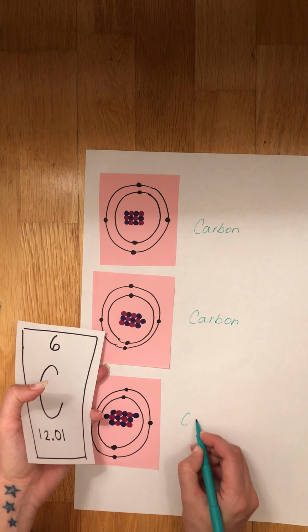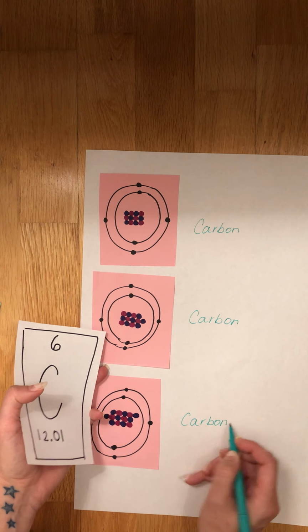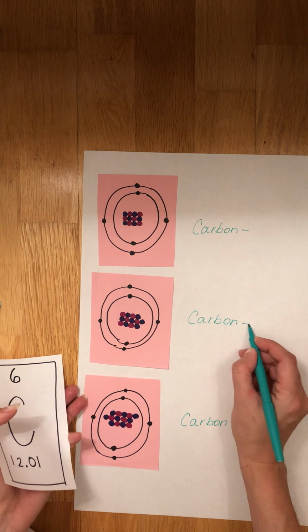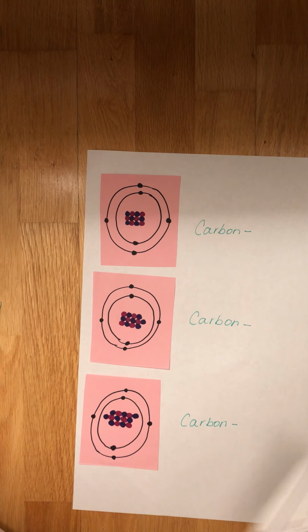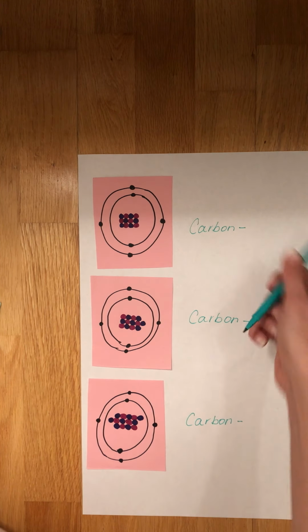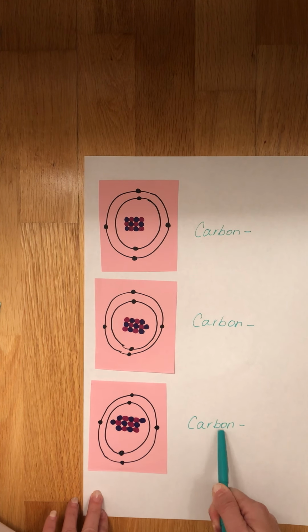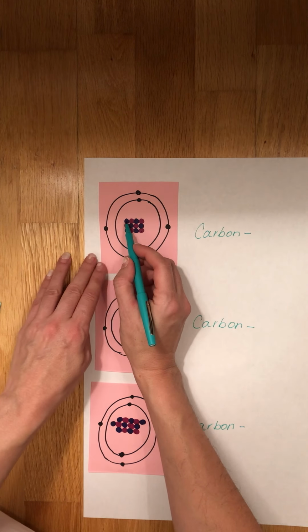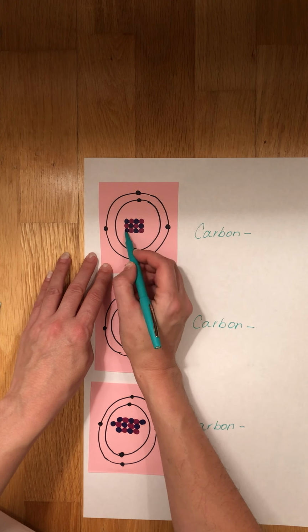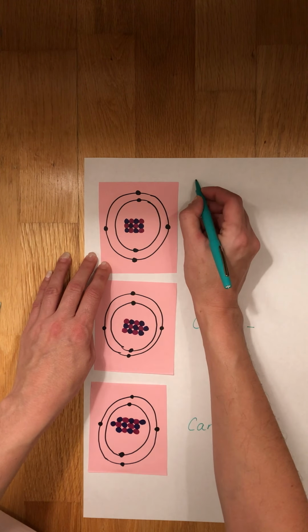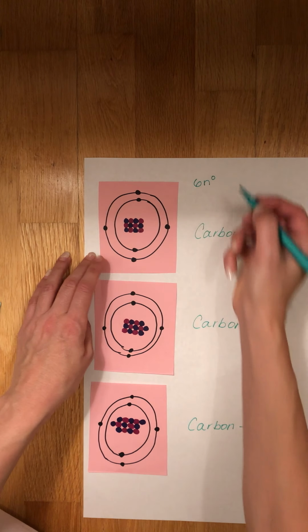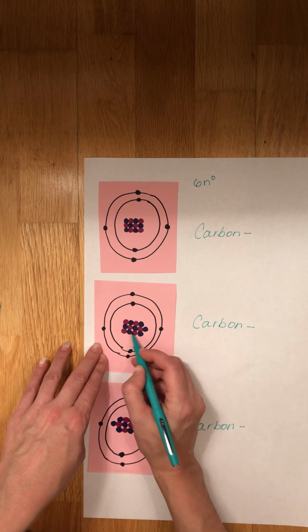Carbon, carbon. And then remember, if these are isotopes, then I can actually let you know what the isotopes are. Remember, isotopes are atoms of the same element that have different numbers of neutrons. So the blue ones are the neutrons, so let me count them. 1, 2, 3, 4, 5, 6. So there's 6 neutrons here. 1, 2, 3, 4, 5, 6, 7.